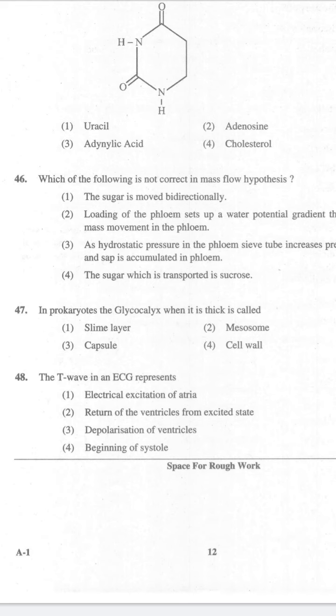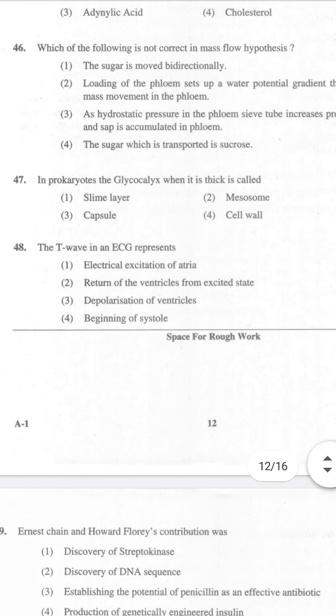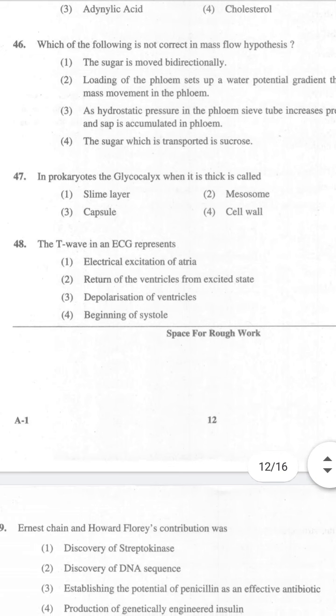Next, question number 47. In eukaryotes, the glycocalyx, when it is thick, is called: option 1, slime layer; option 2, mesosome; option 3, capsule; option 4, cell wall. So the correct answer for this question is option 3. Now let's discuss the solution.